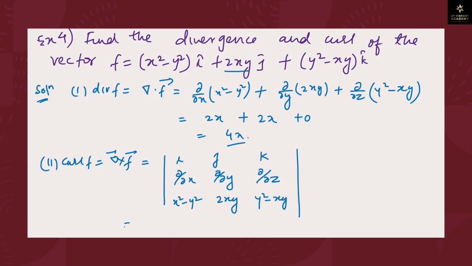So this is equal to i times of del upon del y of y square minus xy, which is 2y minus x, plus j cap times 0 minus, this is 0 minus of this is plus, so plus y, plus k cap times 2y plus 2y.